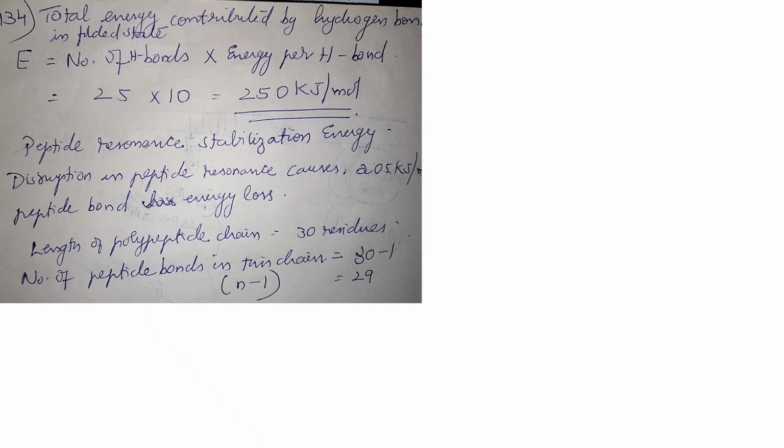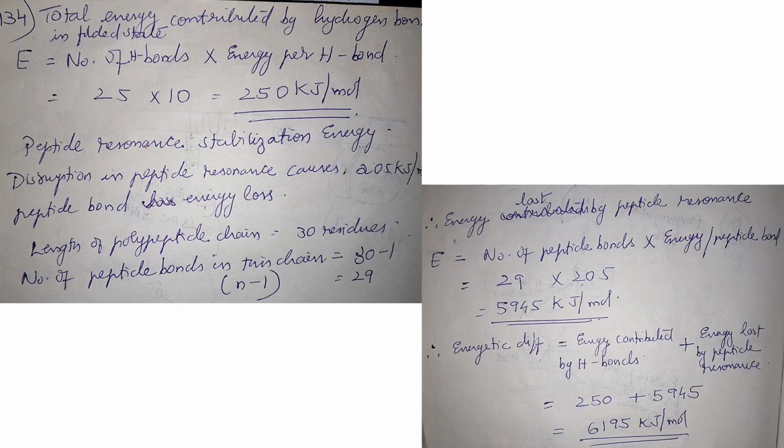Now the peptide resonance stabilization energy, that is, disruption of peptide resonance, will cause a release of 205 kilojoule per peptide bond. Here the length of the peptide chain is 30 residues, so the number of peptide bonds is 30 minus 1, that is 29.